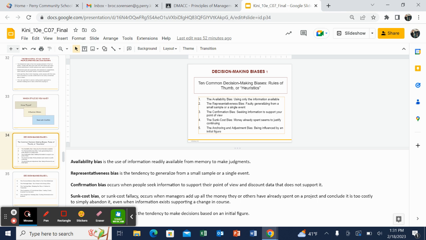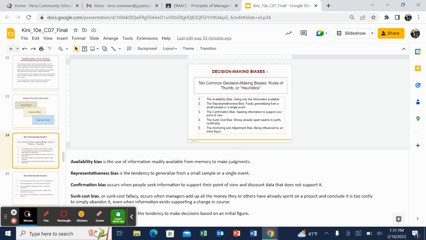Representativeness bias, so the tendency to generalize from a small sample or a single event. Confirmation bias, so this occurs when people seek information to support their viewpoint and then discount the data that does not support it. And then we have the sunk cost bias, so money already spent seems to justify continuing, all right, meaning it's too costly to simply abandon it when the information suggests, yeah, let's go in a different direction.